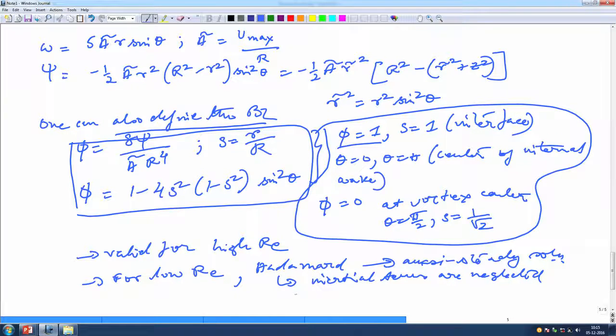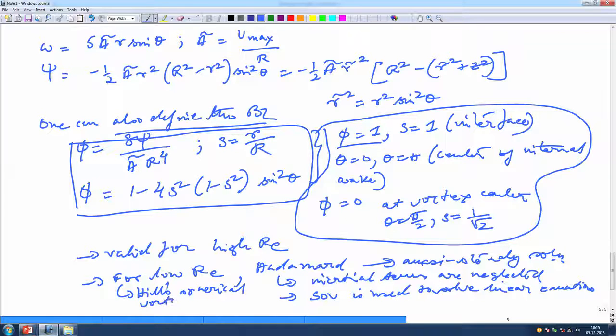Then separation of variables is used to solve the linear equations. Basically it is linearized because the convection term is the only non-linear term. We solve the linear equations, and the Hill spherical vortex is still valid, though the external flow solution is very different in those cases.